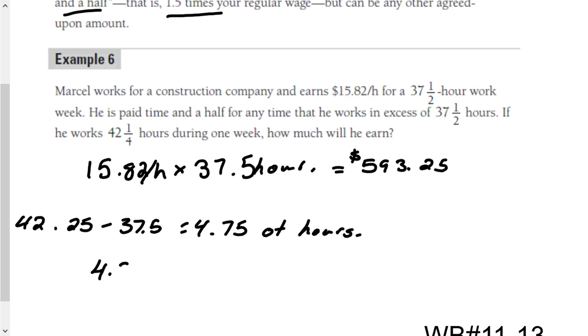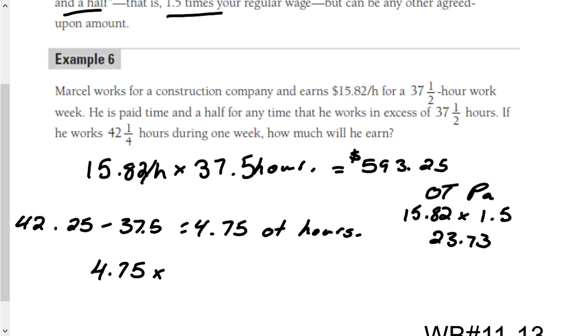So 4.75 times time and a half. So 15.82 times 1.5 gives us 23.73. This is his overtime pay per hour.